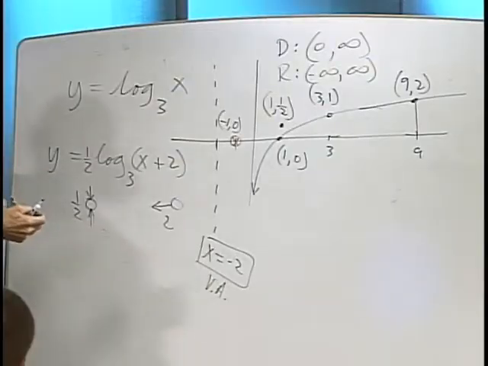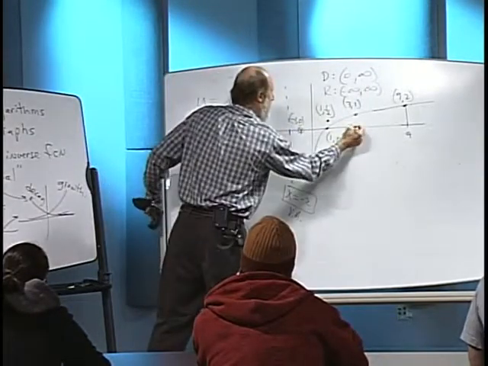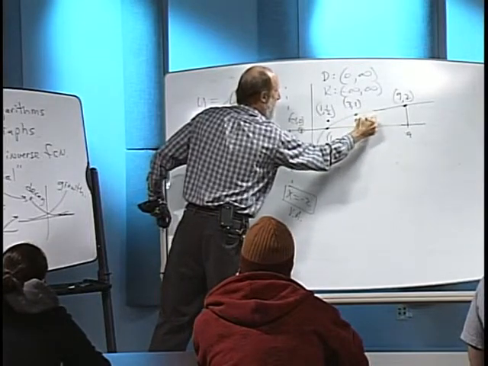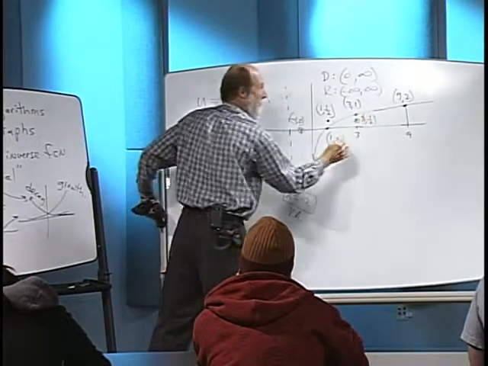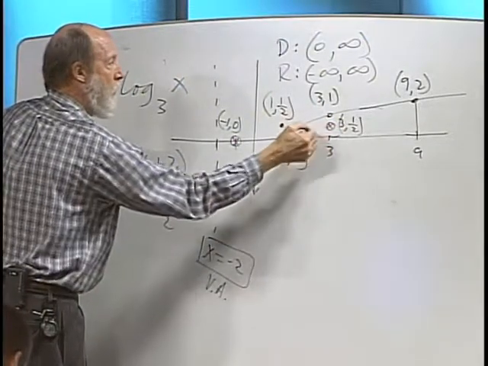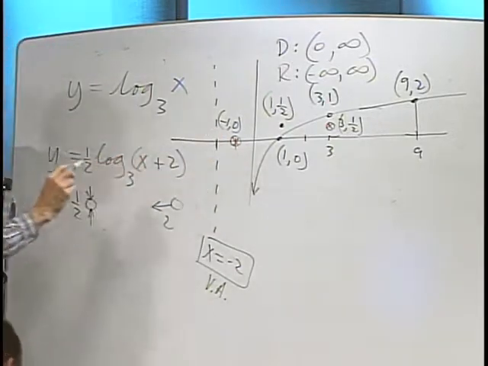So let's check it. If you made this graph half as tall, it would be at 3 and 1/2 in height, first of all. And then you take that point and move it 2 to the left. 1, 1/2, right on. Looking good. Everybody agree with that?